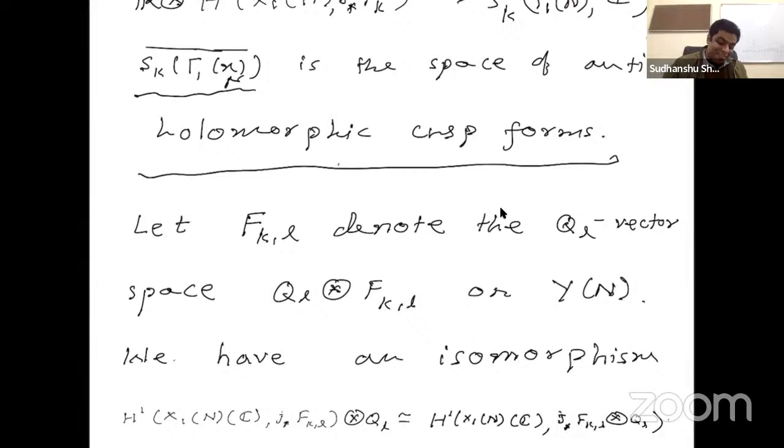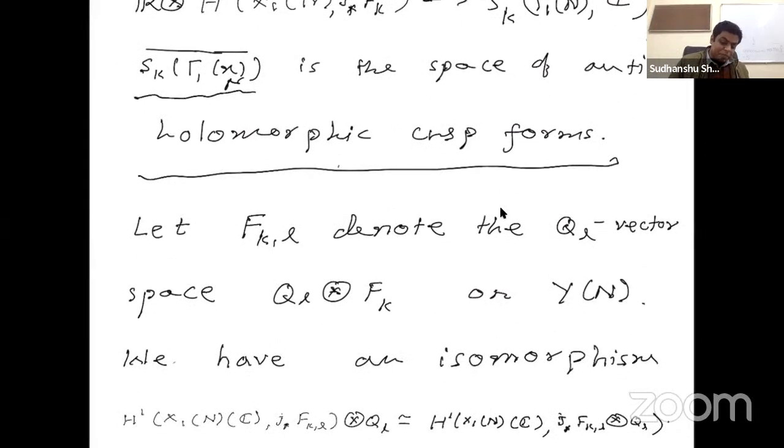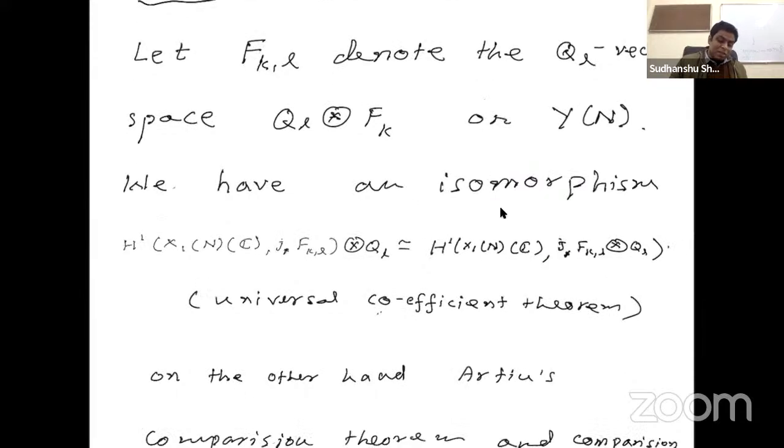So now let us take a QL vector space FKL, which is obtained by tensoring this FK with QL. Then we have an isomorphism. These X1 and C are manifolds, and we have this isomorphism, basically tensoring inside and outside, from algebraic topology.